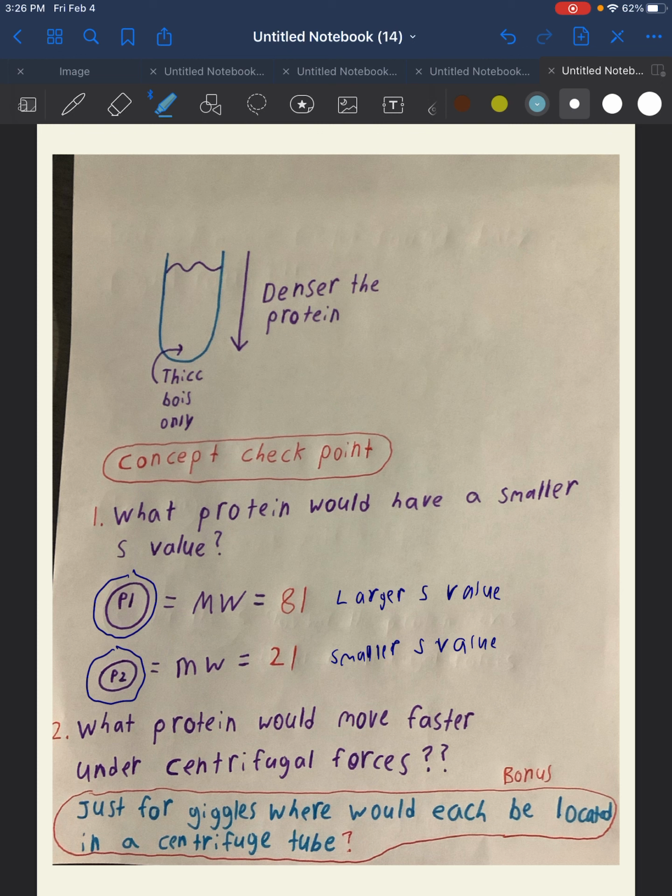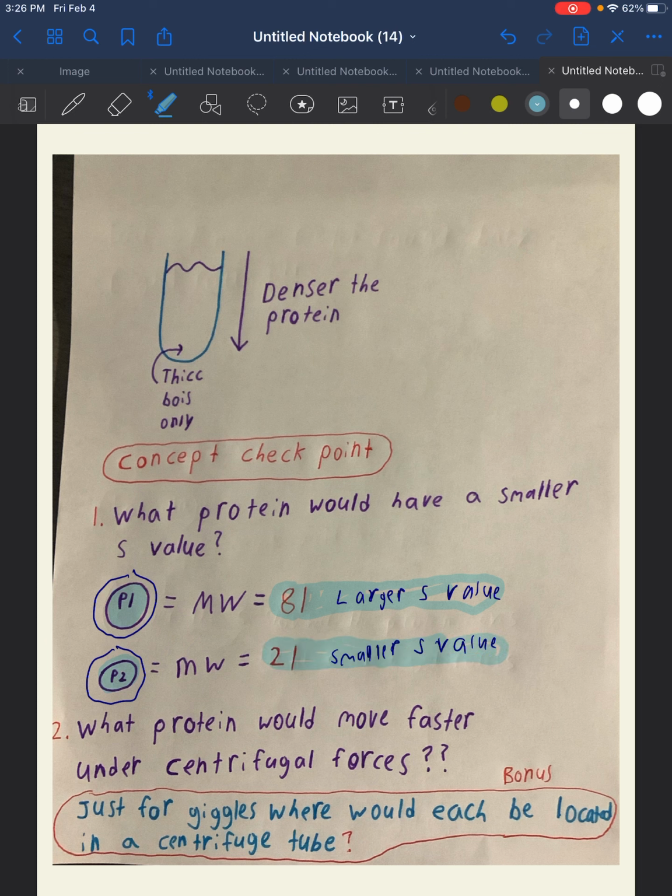If you said this molecule, protein 1, is moving faster, you would be 100% correct, because protein 1 has the larger S value due to that larger molecular weight. Protein 2 would be moving slower, so it would have the lower S value due to that smaller molecular weight. Okay?